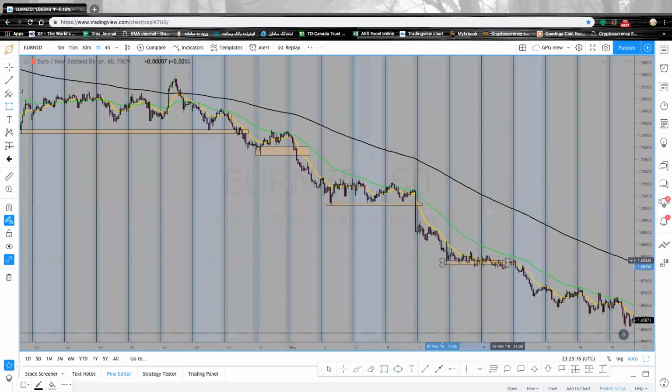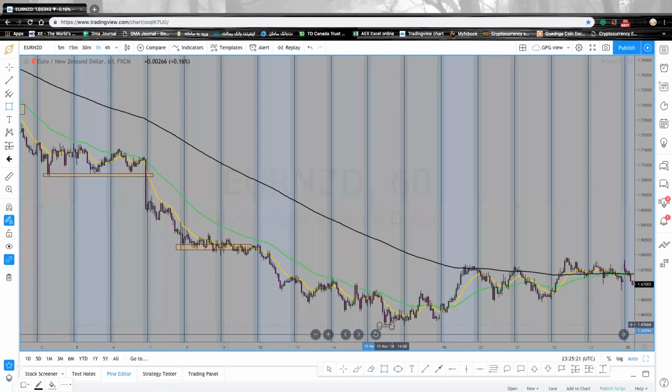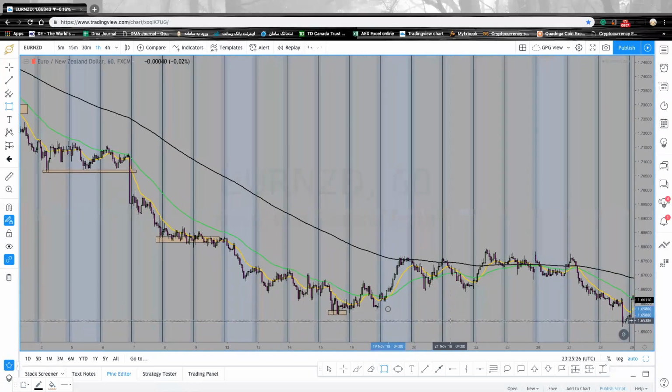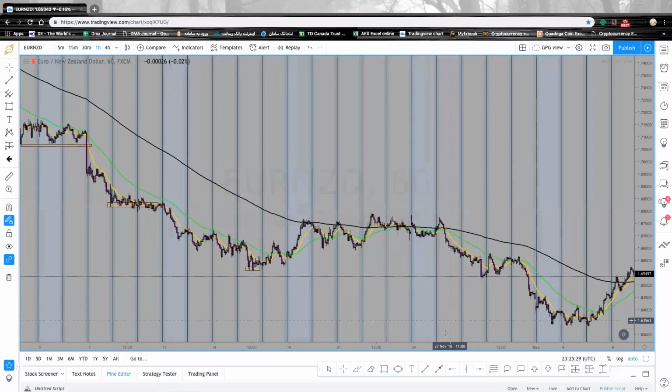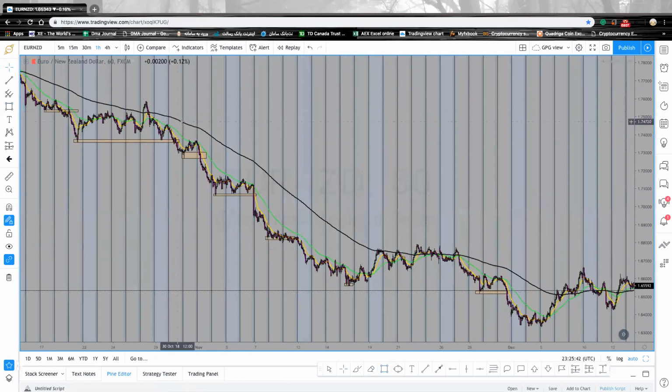This one filled. Even this one got filled. Yep, another one here. You just need to backtest it to learn more about it. This is clearly a downtrend, price and candles below the moving averages. And when this is the condition, we get filled.